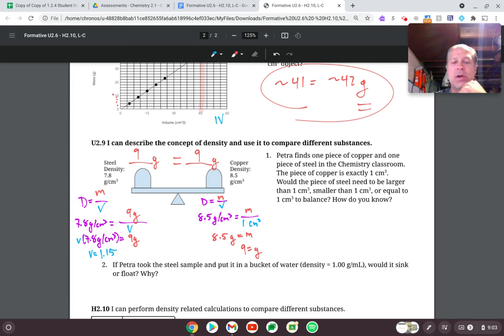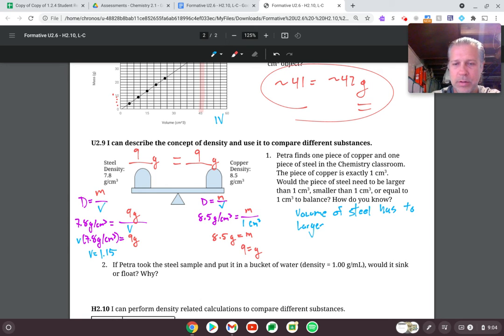But in reality, what we're looking at here is the fact that the volume is going to be bigger. I'm going to say that the volume of steel has to be larger than 1 centimeter cubed. So that's going to be probably one point.